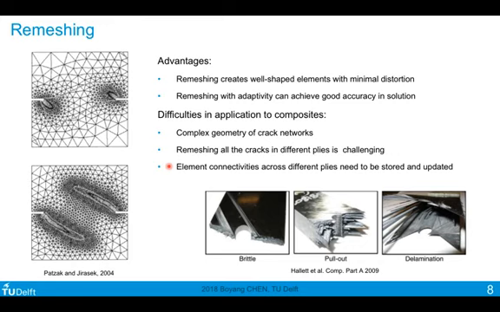These elements would have different node numbering and different connectivities. So when you have just a few cracks, that's still doable. But when your number of cracks becomes quite substantial, as in the case of composites, then it becomes problematic. You have to think about updating the element connectivities and the number of elements with respect to each crack propagation and each crack appearance.